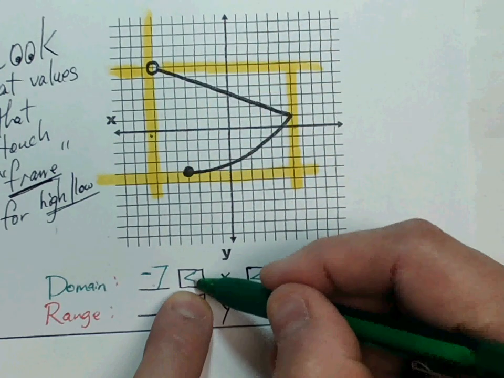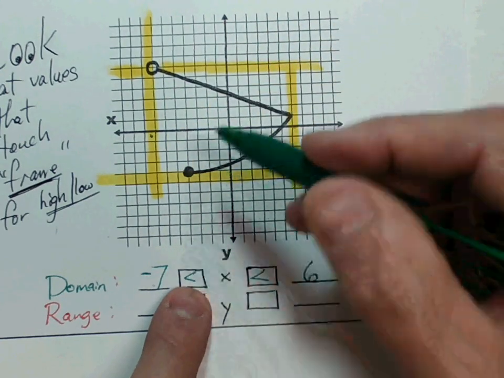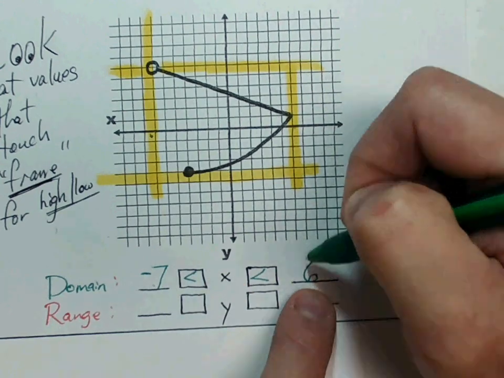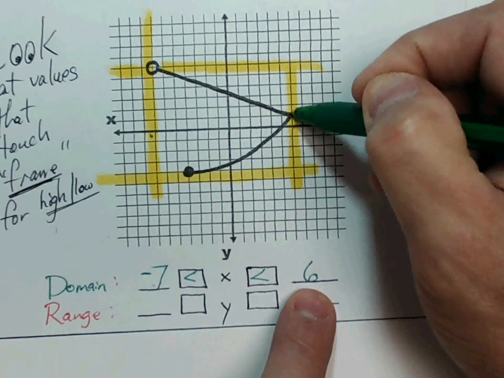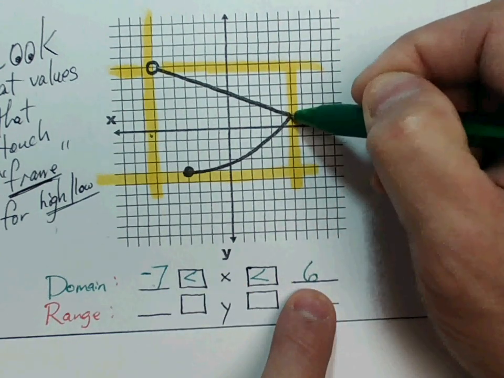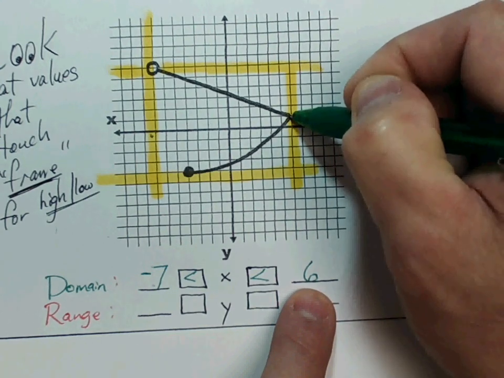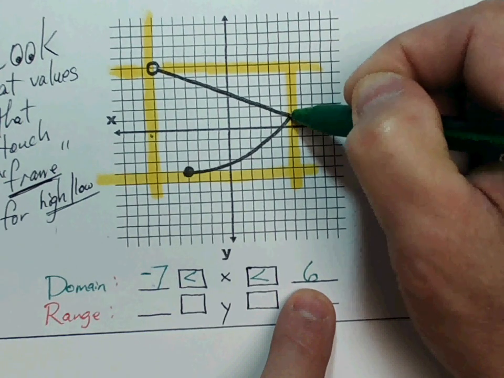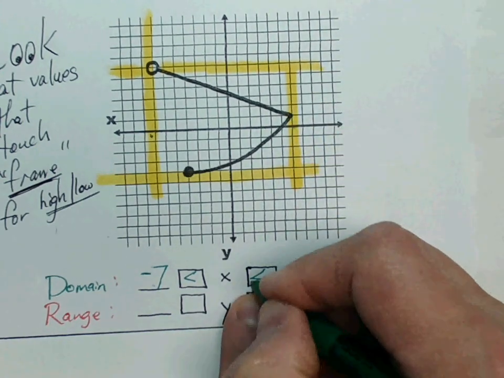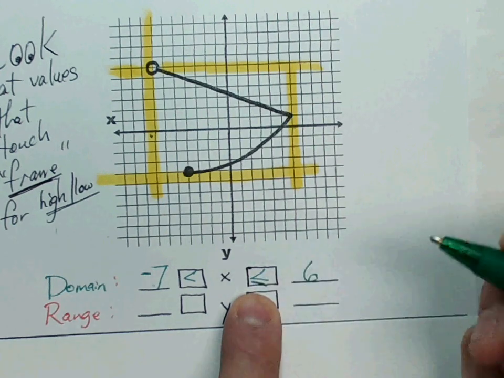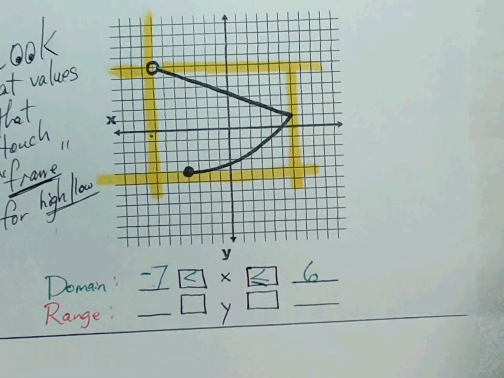That is less than. This guy's going to stay by itself. But let's go on the high end. On the high end on the graph right here, I don't see an open dot. I see a point right here. I'm actually touching this right-hand side. So in order to include this point right here, I need to make this a less than or equal to. All right?